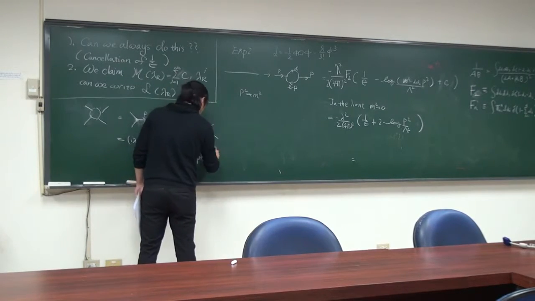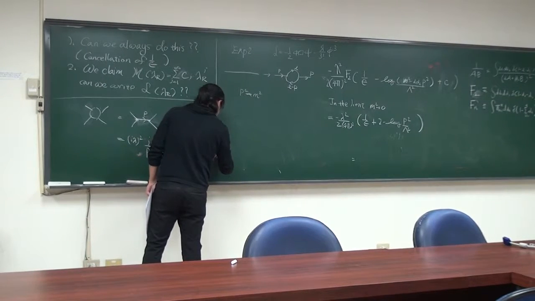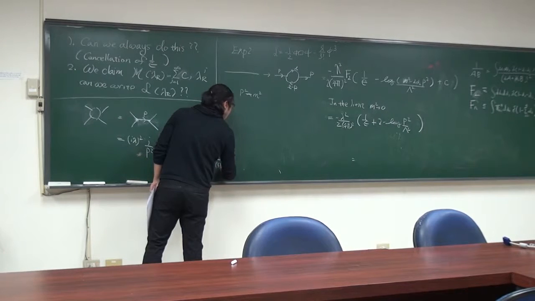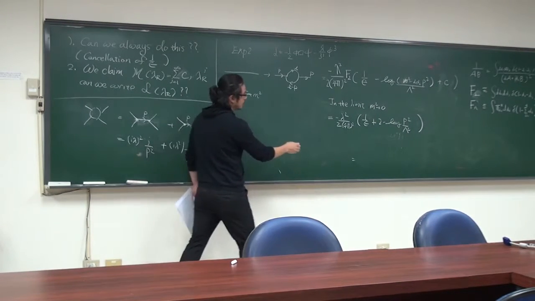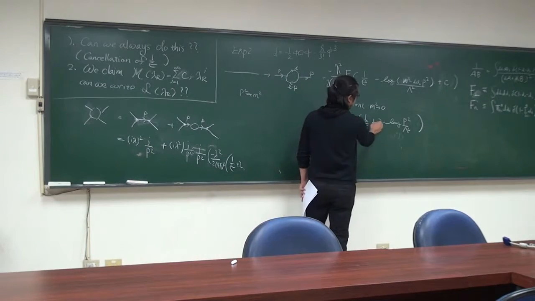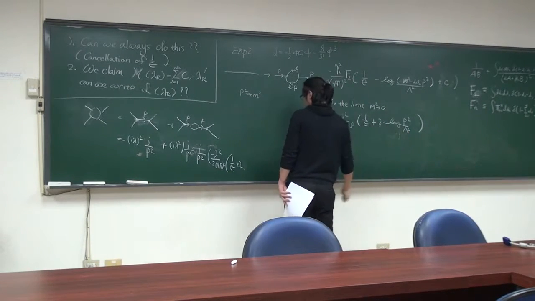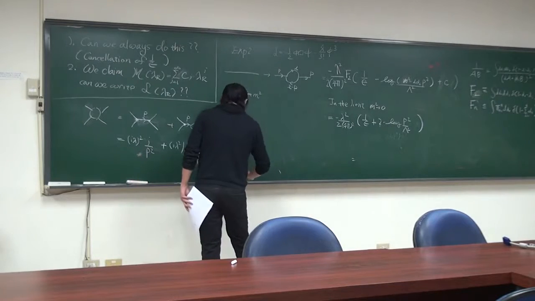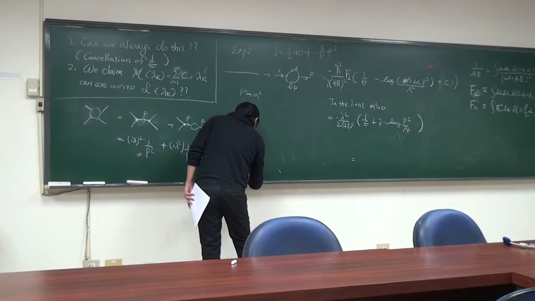So just put that in here: there's minus lambda squared. I'm going to remove this 2 as well, because this 2 is also just a constant, so I can absorb it into here, and I'm going to forget about that graph. I'm going to have this log P squared over lambda squared.